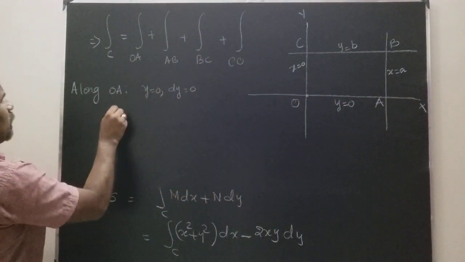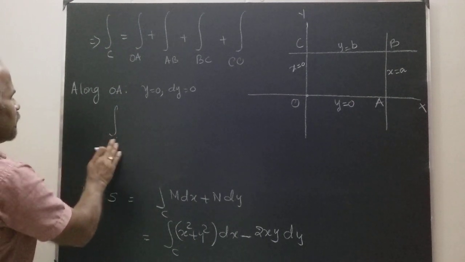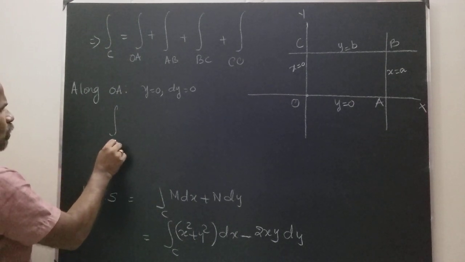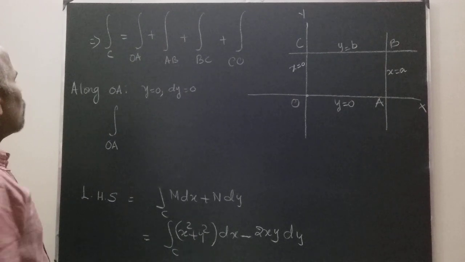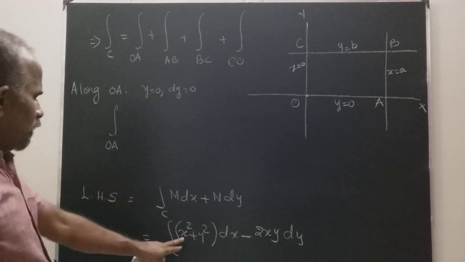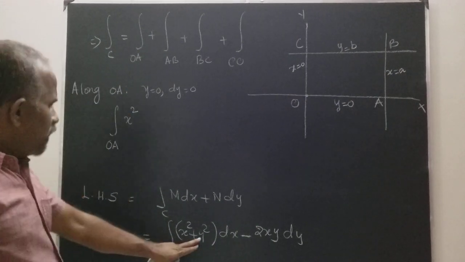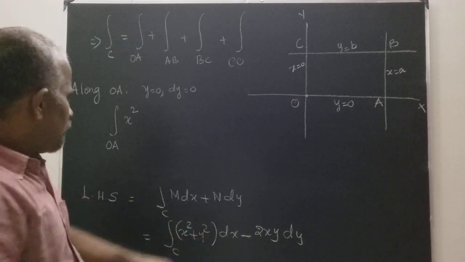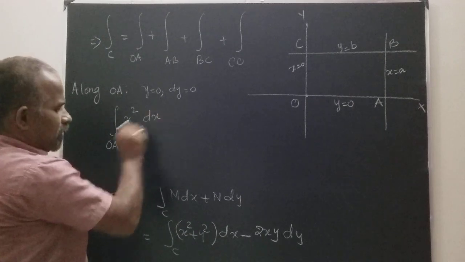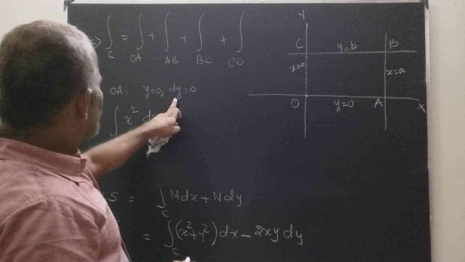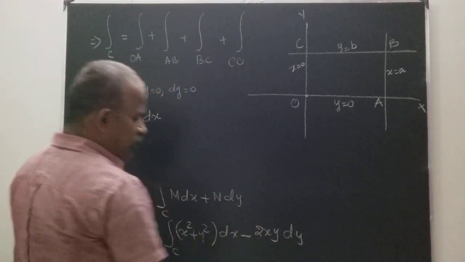So therefore the integral over C, that is the integral over OA, and what about x square plus y square? X square, y is 0, dx, plus here dy is 0, this part becomes 0.